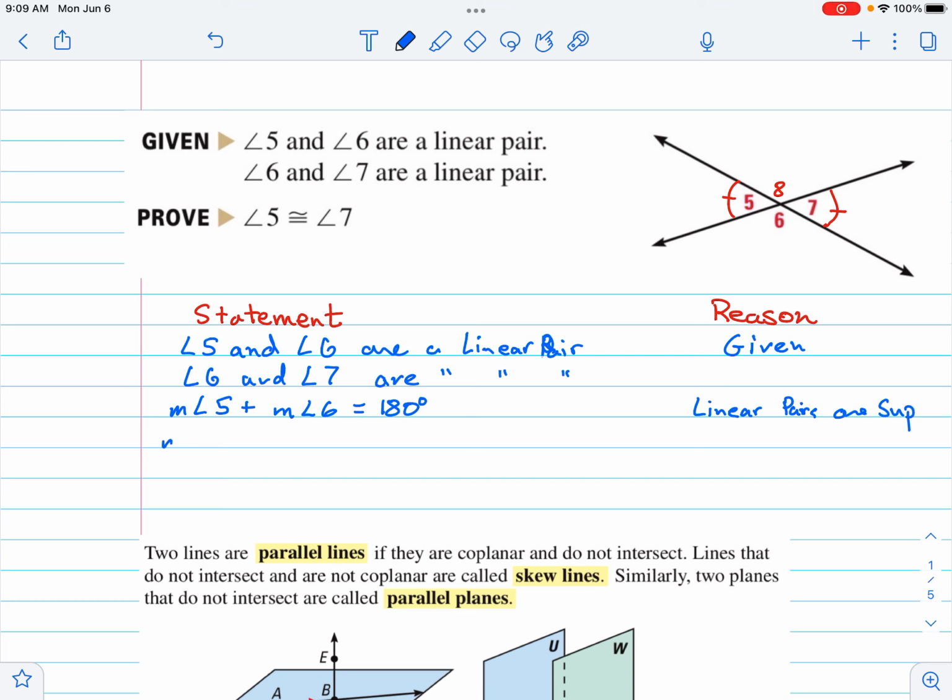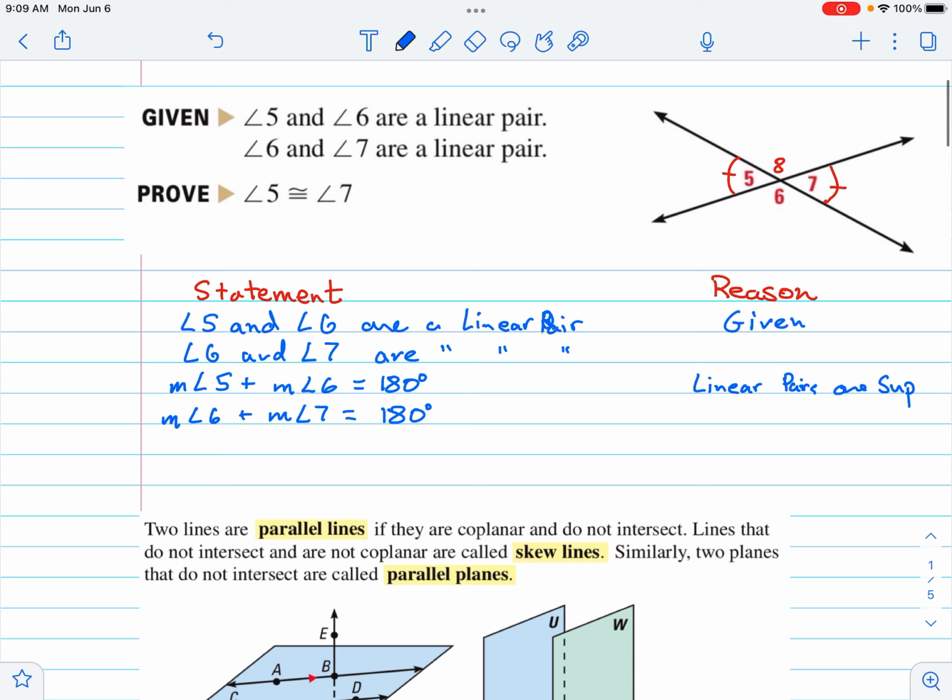And I could also say the measure of angle 6 plus the measure of angle 7 is equal to 180. Same thing, same reason. So we've got these things. Now, notice what we've got here. Angle 5 plus angle 6 is 180, and angle 7 plus angle 6 is 180.